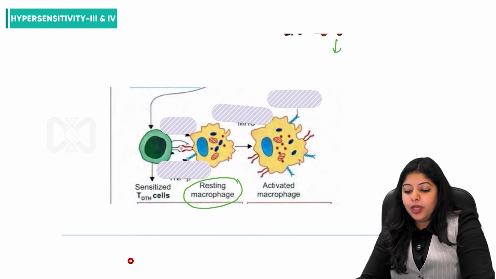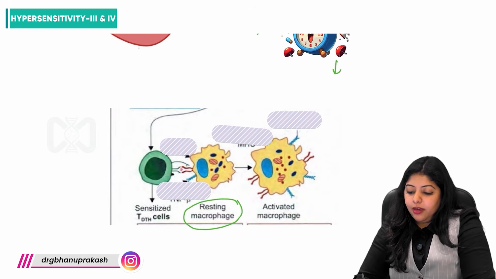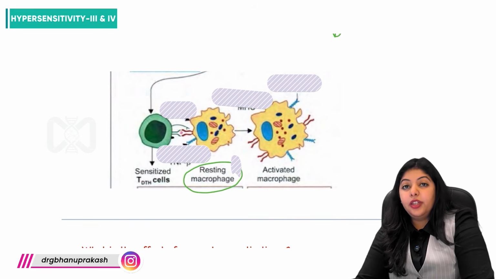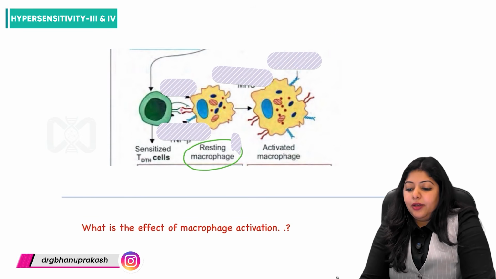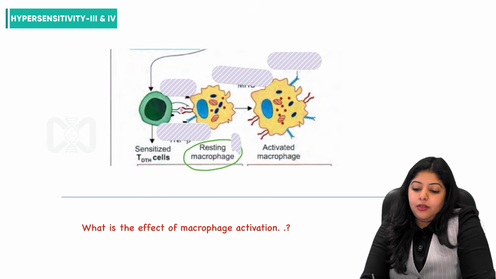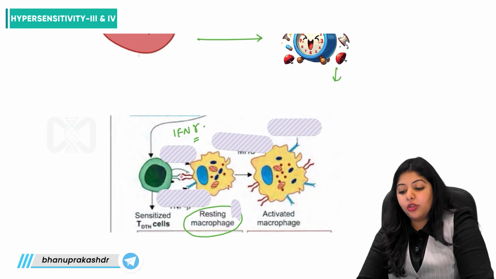So what is it doing? Initially, it is going to activate the resting macrophages. And how are they doing it? By releasing certain cytokines, interferon gamma. Interferon gamma has already led to the activation of resting macrophage.